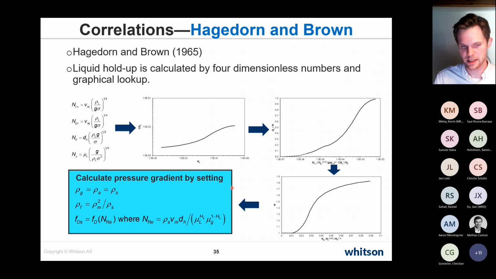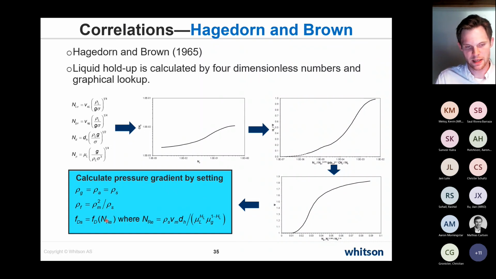That's one of the properties, and that liquid holdup is used to calculate a slip density, like we saw a couple of slides back, which is assigned to the acceleration density and the gravity density. The friction density is the no-slip density squared divided by the slip density.